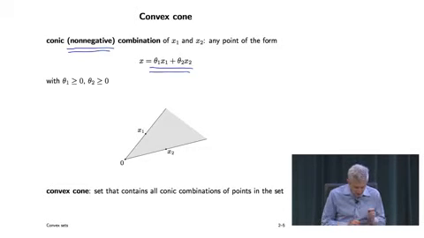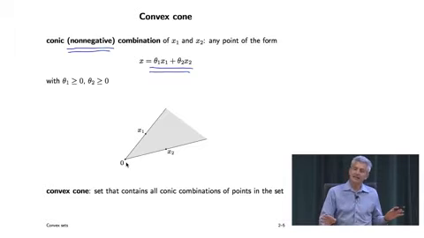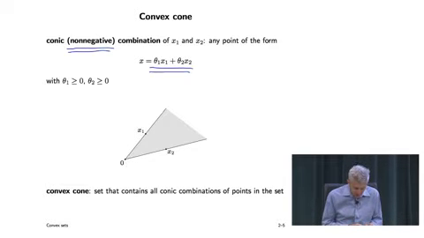Okay? Now geometrically the picture is this. Here's x1 and here's x2 and here's 0. Then the conic combinations form this sort of pie slice that goes between x1, x2, and 0. It sits in a plane. Even if x1 and x2 are in a high-dimensional space, this set of conic combinations lies in a plane that passes through 0, x1, x2.